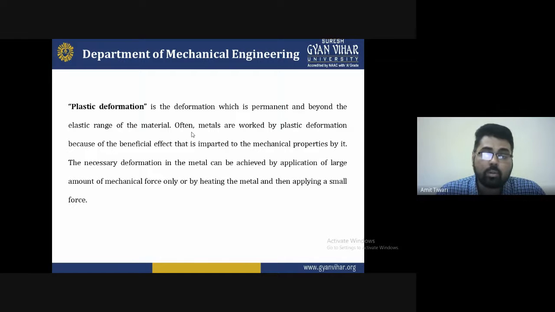It totally depends upon the material property, because when you apply a load on a particular material and you are not aware of its properties, it is very difficult, and there is a chance the material you selected for the operation will fail. Most of the time you have to be aware before starting the operation.